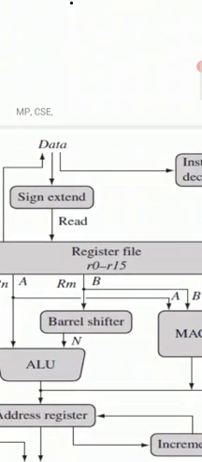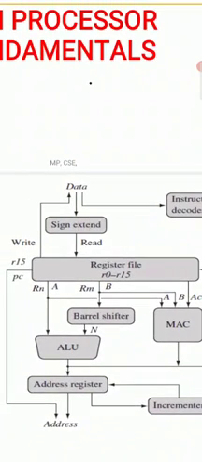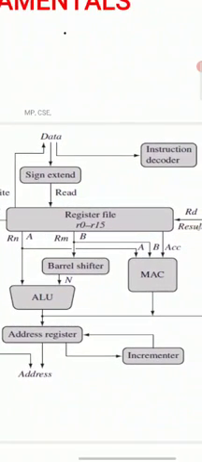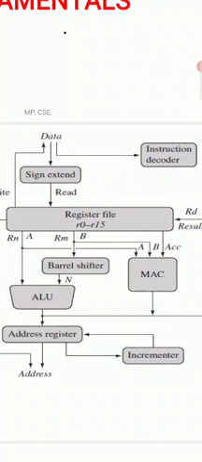For shifting operations, the barrel shifter is used. In the same way, for multiply accumulate, the MAC unit is used.